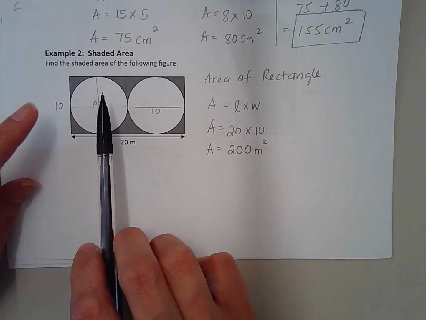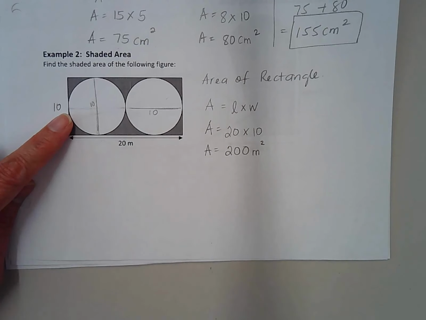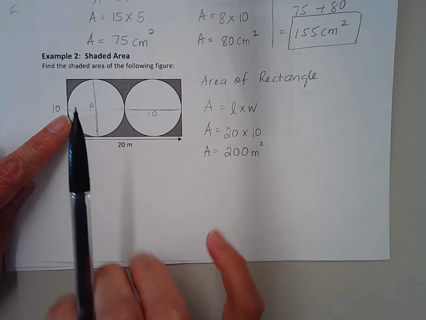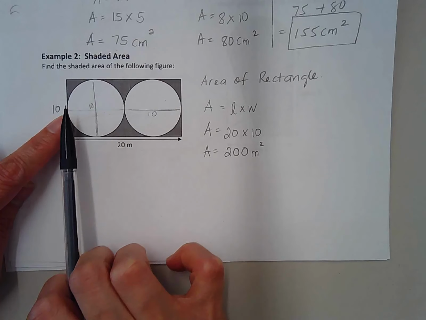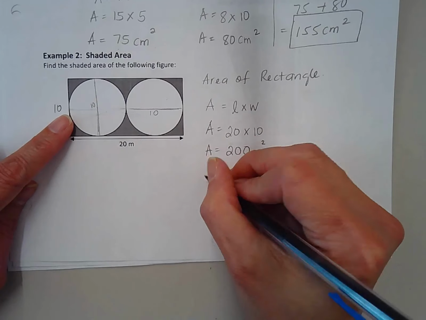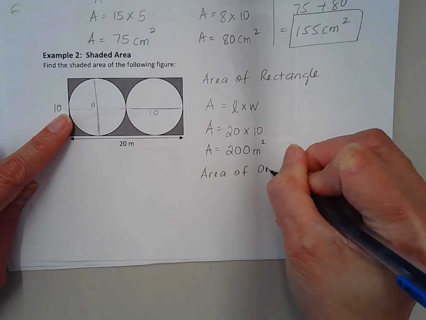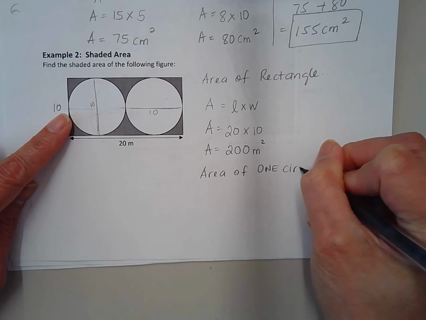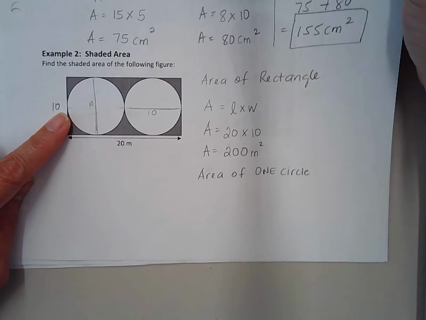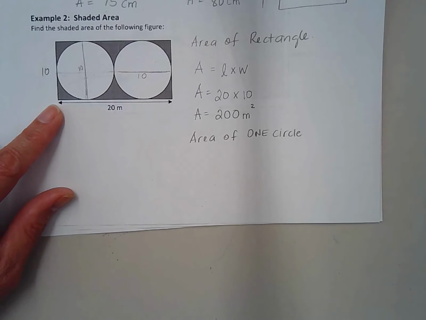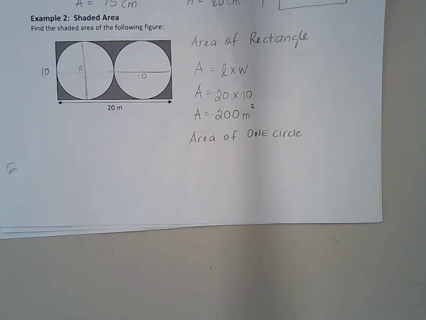Now, we have two identical circles, so we're going to figure out the area of one circle. So area of one circle. How can we figure out the area of a circle? What formula are we going to use?